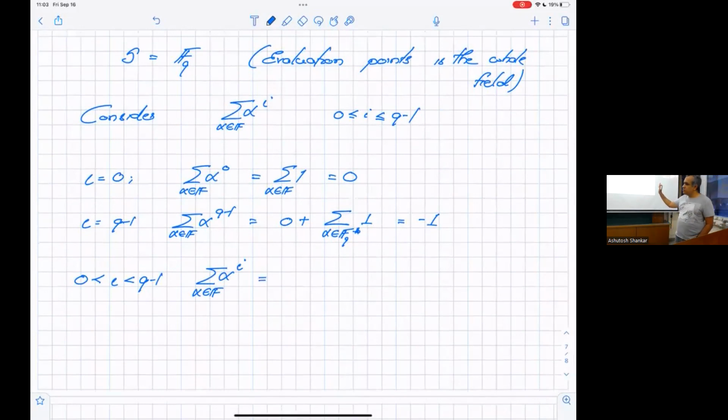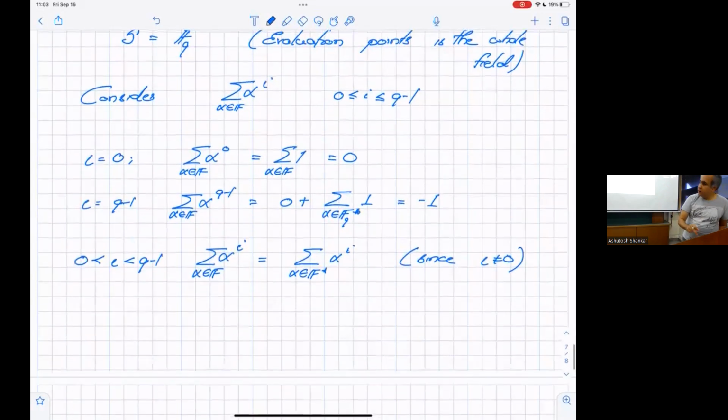Let's take out the 0 part, because that's what we're going to compute. That's why I took the i equals 0 case separately, because 0 to the power 0 is 1. Here the alpha equal to 0 just contributes 0, so this is the same as the sum over alpha in F star of alpha to the power i, since i is not equal to 0.